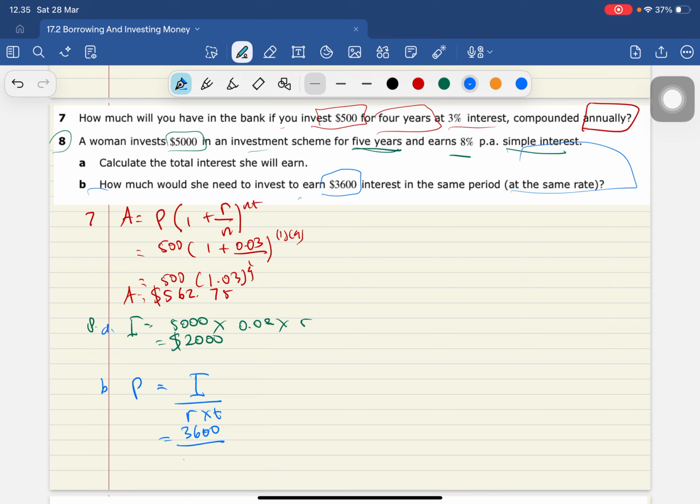The rate is the same, 0.08, times 5 years. So continuing, P is 3 and 0.4. So she needs to invest 9,000 to earn 3,600 interest.